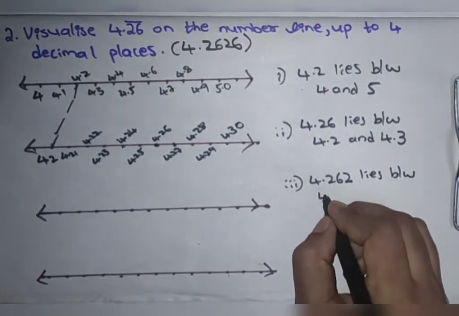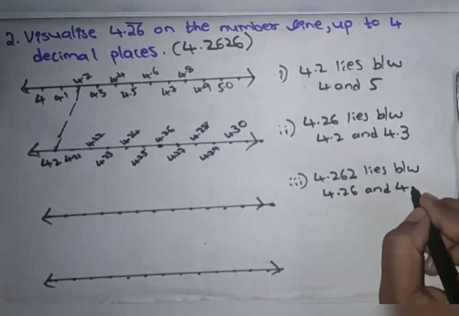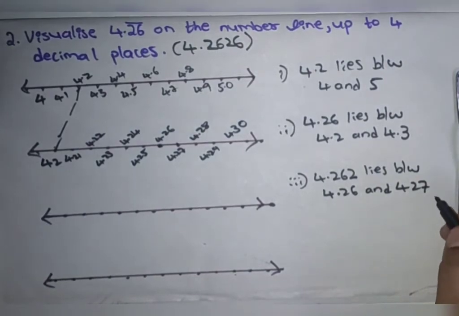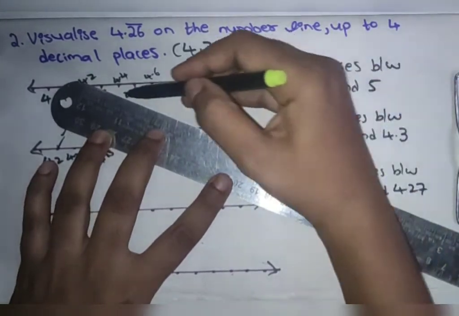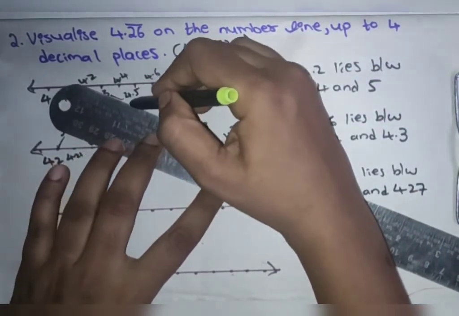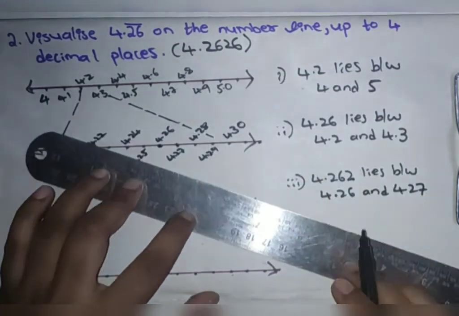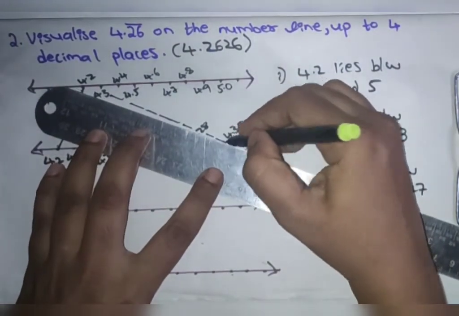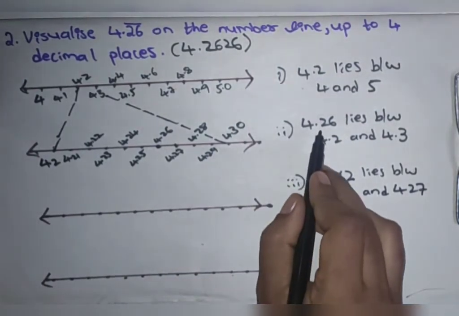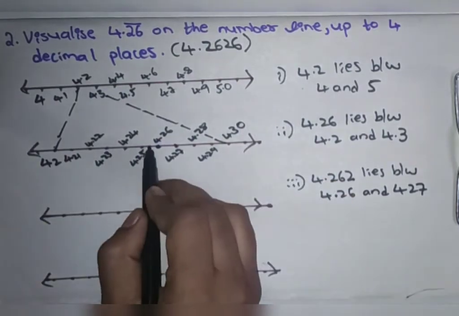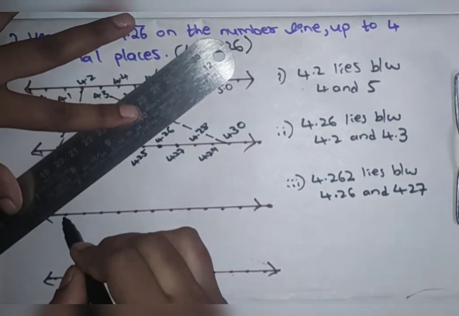It lies between 4.26 and 4.27. We will join this. Okay. Now from 4.26 to 4.27 we should magnify.